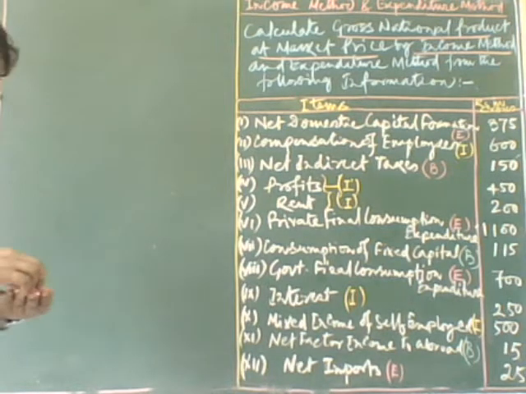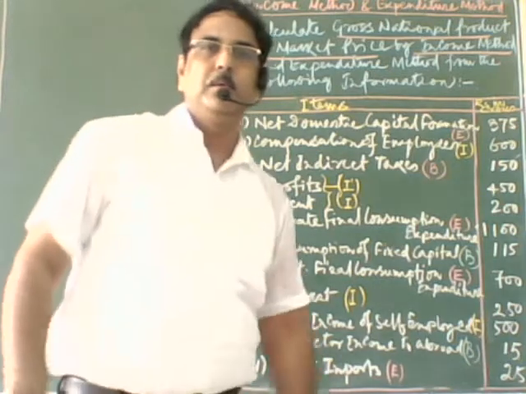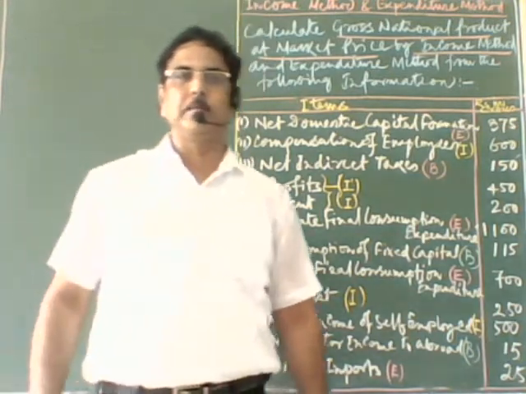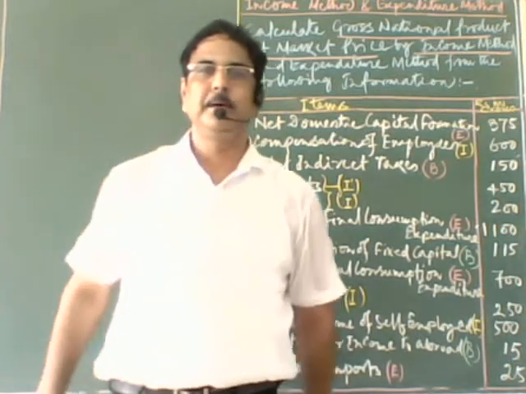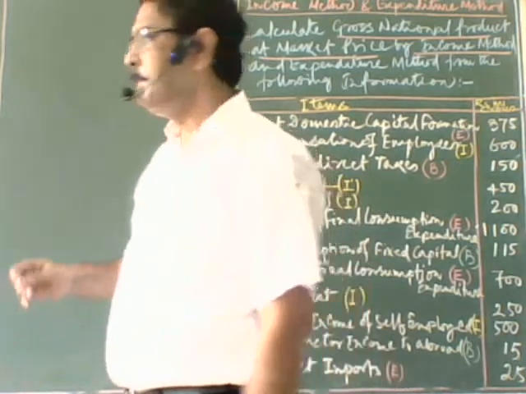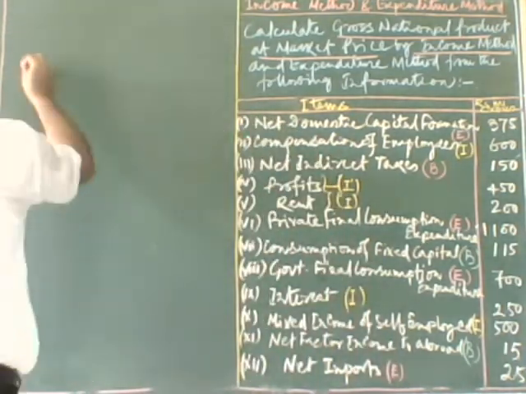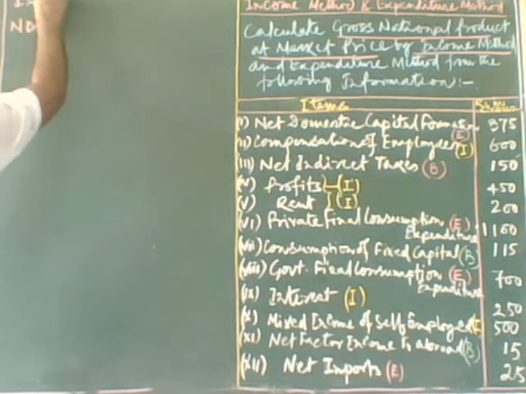We know that whenever we add all the components of income method, we will get the value of NDP at factor cost. So NDP at factor cost, this is the income method.